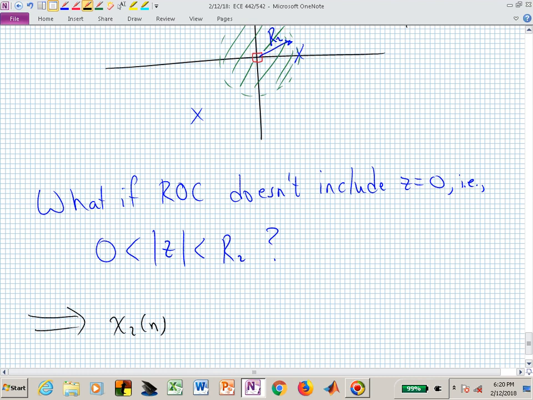X sub 2 of n is now left-sided, meaning we can pick up a few sequence values in the positive time index little n.